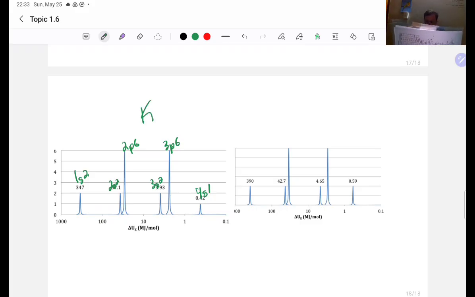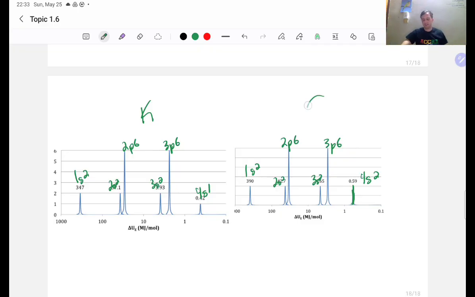That's potassium. And then I look at the second one and say, okay, 1s2, 2s2, 2p6, 3s2, 3p6. But this last peak has one more, 2 electrons in it. That must be 4s2. So that's got to be calcium.